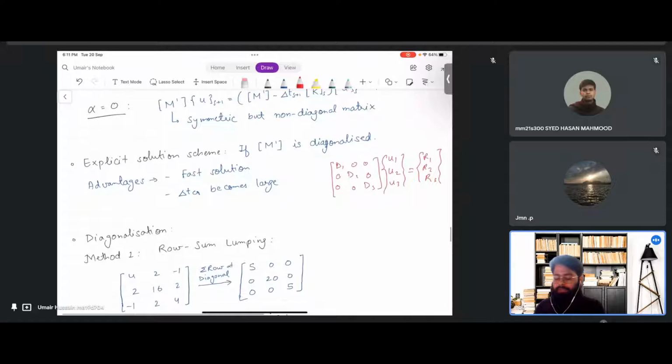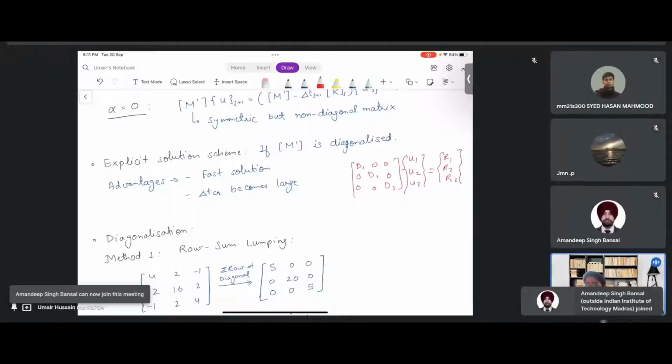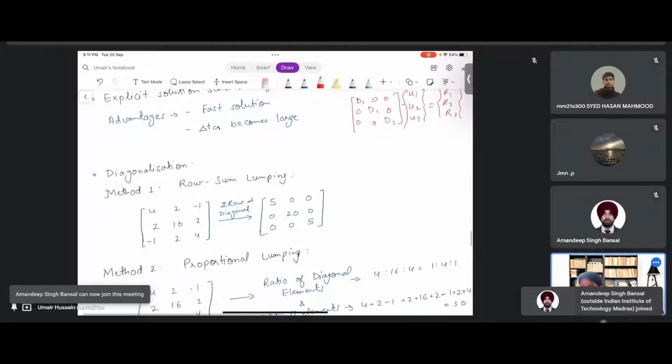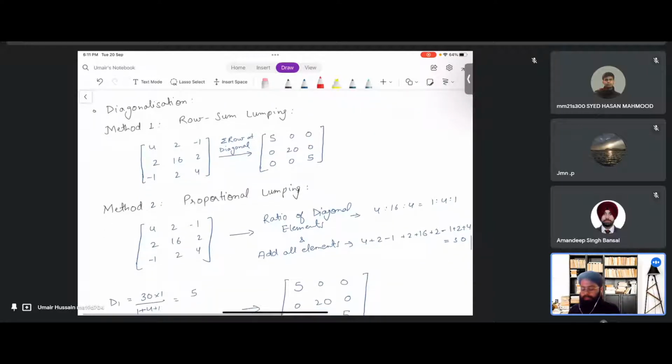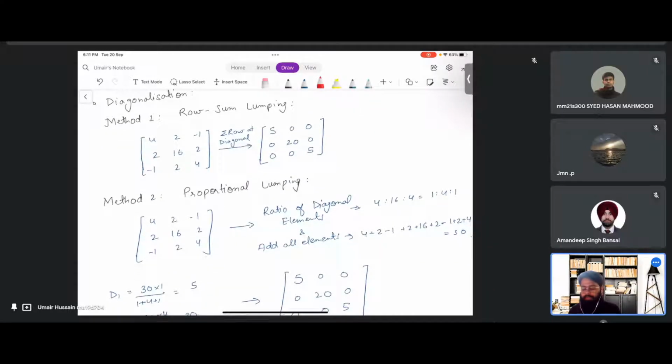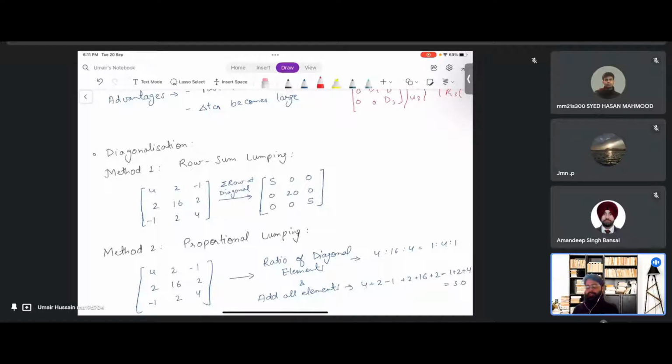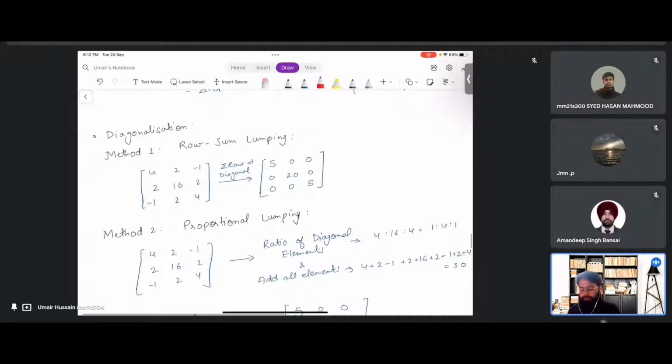Or we can just go for an implicit scheme, in which case we don't need to convert into a diagonal matrix. To convert into a diagonal matrix, there are two techniques. The first one is the row sum lumping scheme, where we sum all the elements of the row and replace the diagonal term with it, and put zero in the rest.